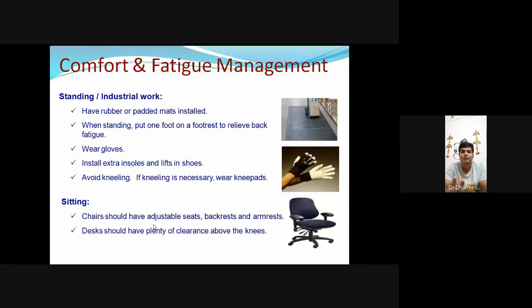There are 20,000 chairs, 25,000 chairs, and 1 lakh chairs also. But that depends upon your budget, on how much money you have. So that's the proper criteria for getting an ergonomic chair.